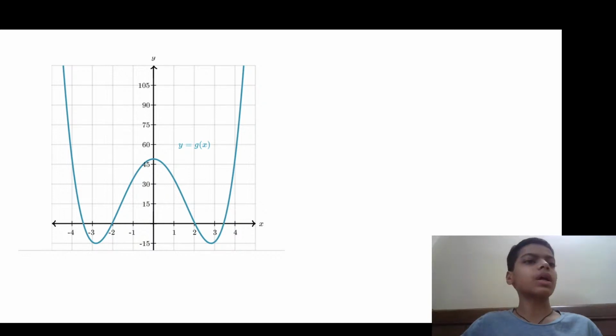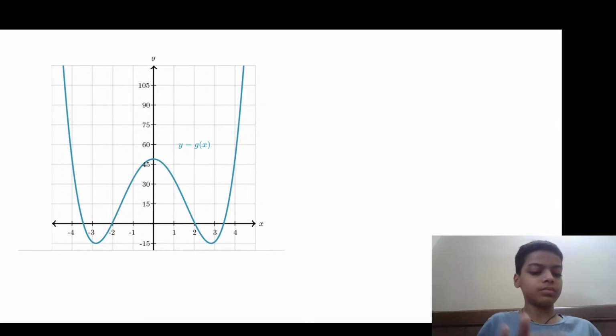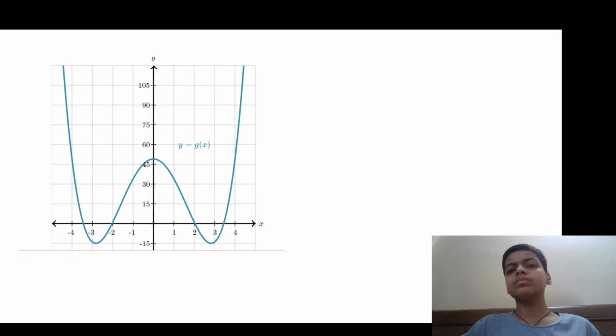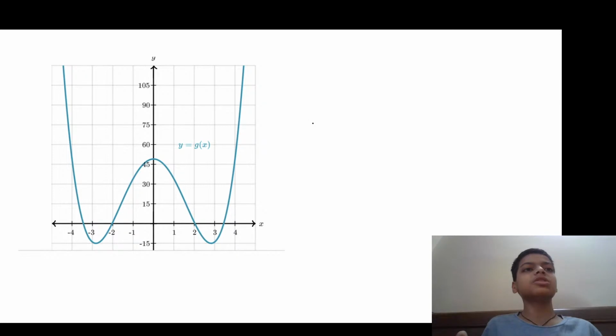Okay, let's see now. For g prime of x, we want both of these to be increasing.